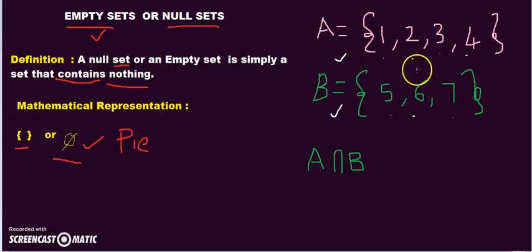If we observe both sets A and B, we can find no element as common. This is a different set and this is a different set. So no elements are common between A and B.